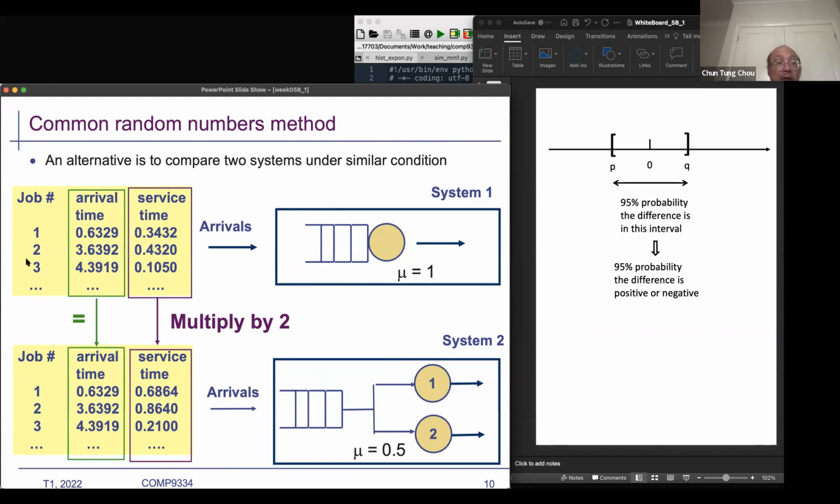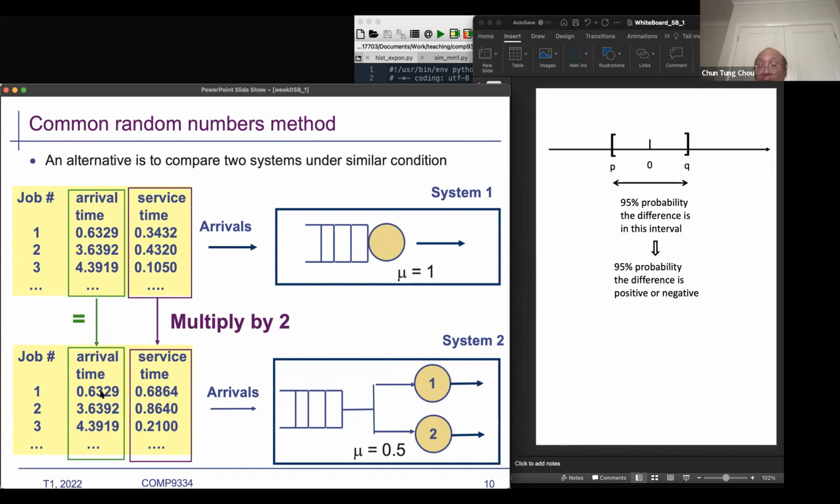So what it means now is, instead of generating independent jobs, I only generate these jobs once. I use these jobs to simulate system 1, and I will also be using exactly the same jobs for system 2. Sometimes you need to make some adjustment to your jobs. The adjustment that we have to make here is that I have to multiply the service times by 2 to obtain the service times for system 2.